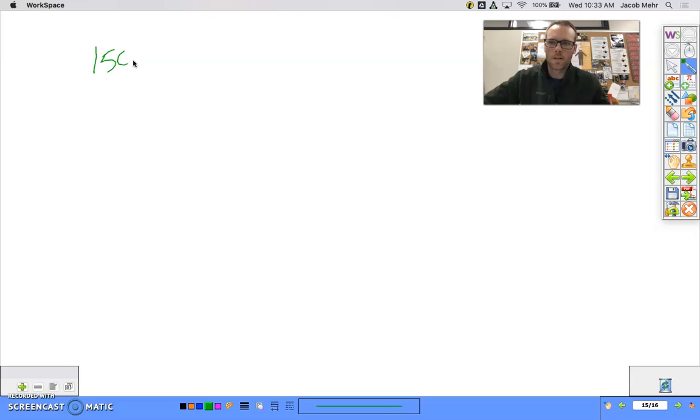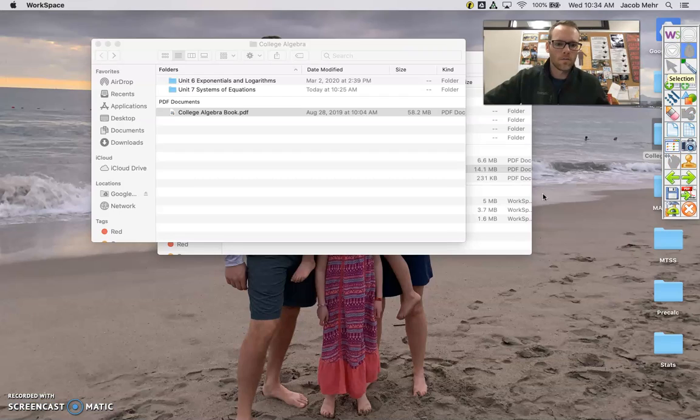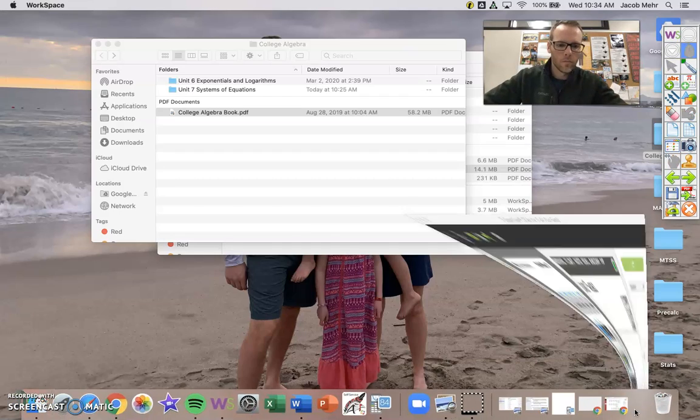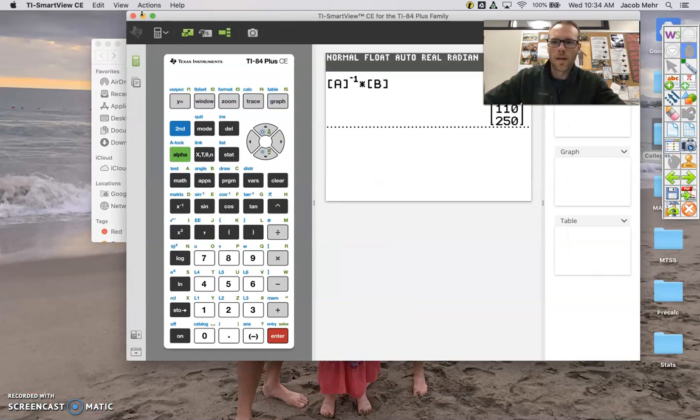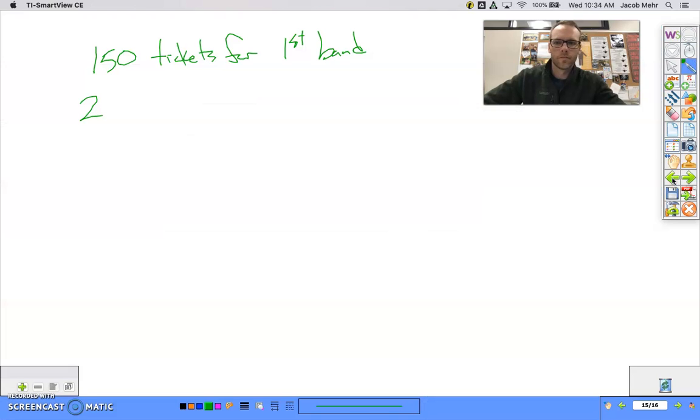So 150 tickets for first band. What was it, 210? No, 110. I believe those are the more expensive tickets, right?